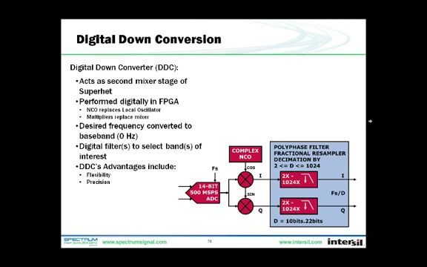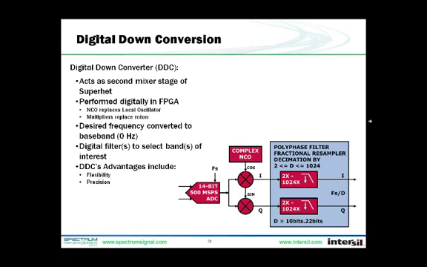Digital filters are then applied to select the band of interest. You can isolate a single channel, or the DDC can provide a wideband output from which multiple channels can be selected with more digital filters located downstream of the DDC. Digital down conversion provides several advantages. The signal processing is flexible.